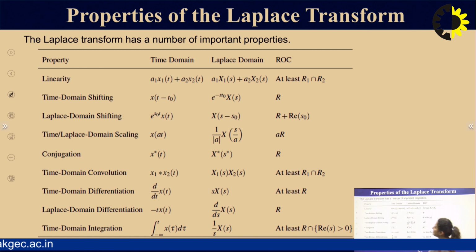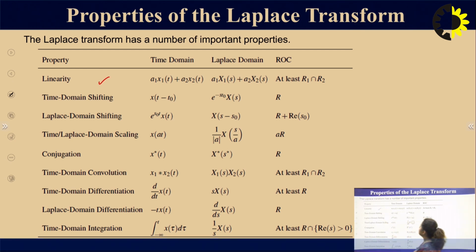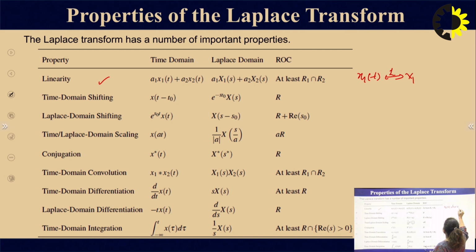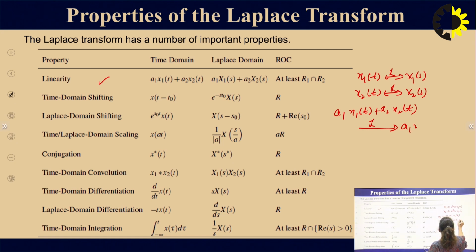The first property is the linearity property, which has both the superposition and homogeneity properties. If x1(t) has Laplace transform X1(s), and x2(t) has Laplace transform X2(s), then for arbitrary constants, a1 x1(t) plus a2 x2(t) has the Laplace transform a1 X1(s) plus a2 X2(s). This is called the linearity property.